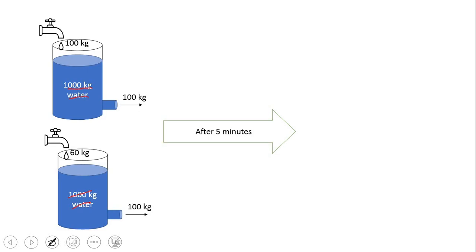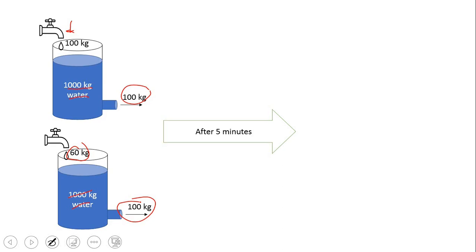In the first example, which is the steady state, the flow rate entering is 100 kilograms, and the flow rate leaving is 100 kilograms. In the other system, we have 60 kilograms entering and 100 kilograms leaving. The flow rate is still the same with time.